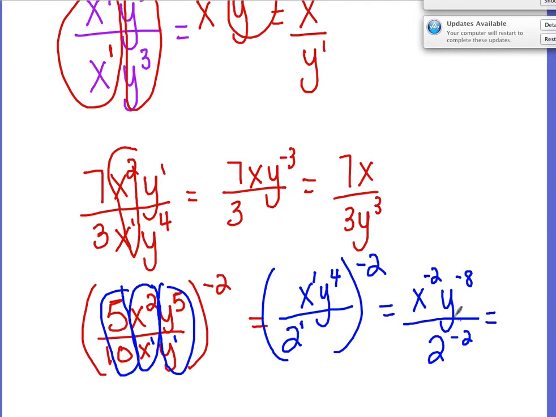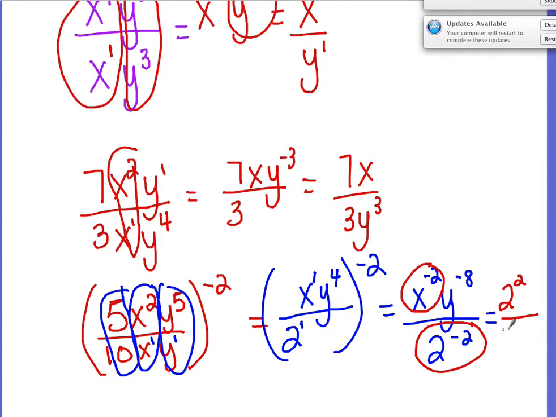Now again, when you rewrite the answer, all the exponents have to be positive. Here you notice that you have a negative exponent in the denominator. So let's use logic. When I rewrite something that has a negative exponent in the numerator, when I switch it to the denominator, it becomes positive. So here it would be the other way around. In the denominator, the exponent is negative, so when I switch it to the numerator, it becomes positive.